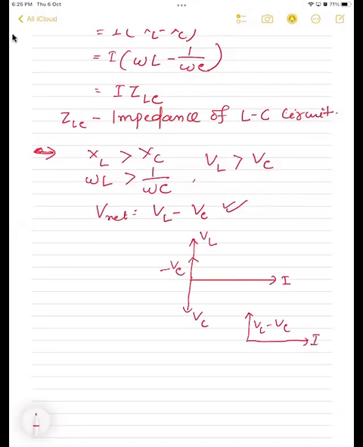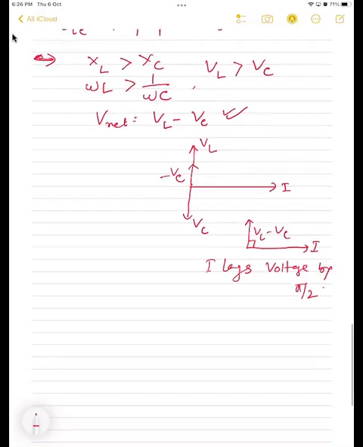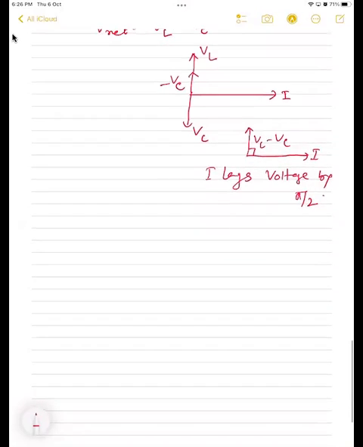So this is also I lags voltage by pi by 2. Understood this part?